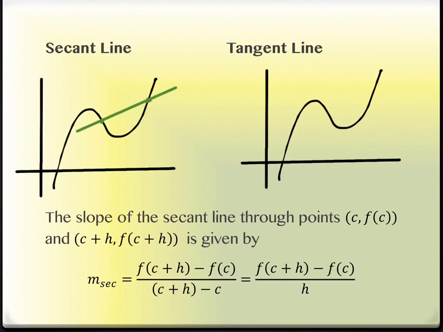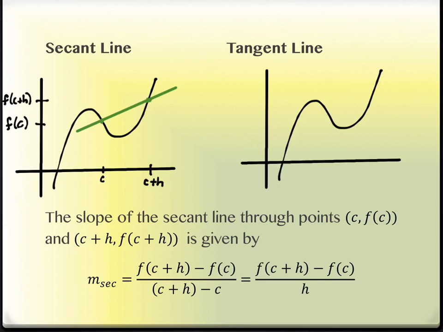We will call one point C, and the other one we'll call C plus H. And that means that this first point is F of C, and this little bit higher point right here would be F of C plus H.